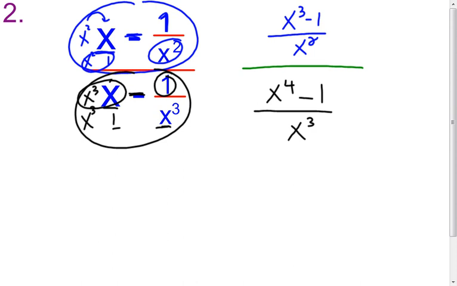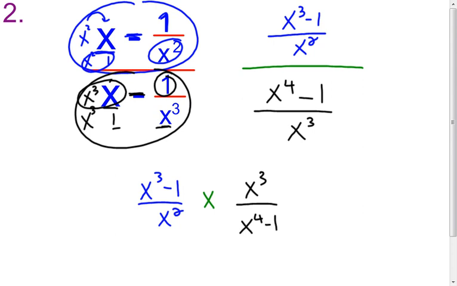Then again, instead of writing a double fraction, I can take the numerator, which is in blue, and instead of dividing, I can multiply by the reciprocal of the black. So that would be x cubed over x to the fourth minus 1.